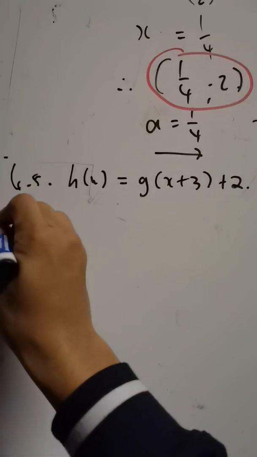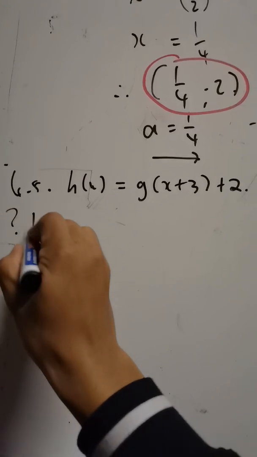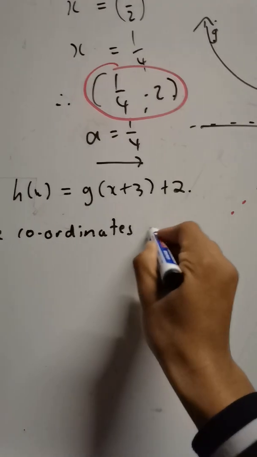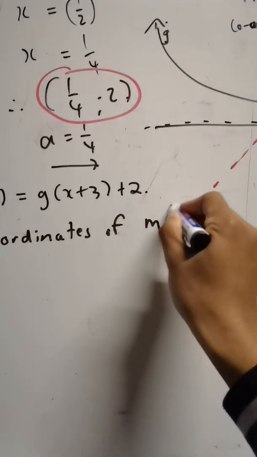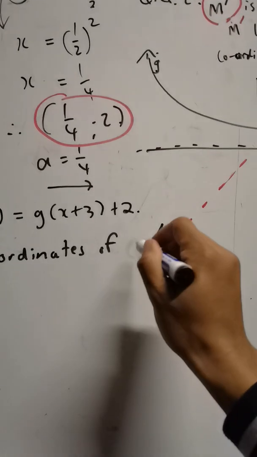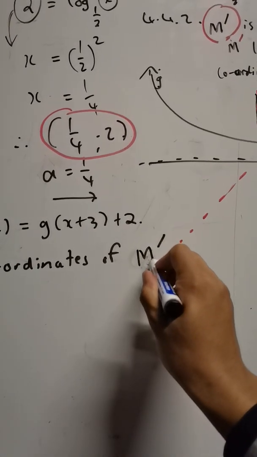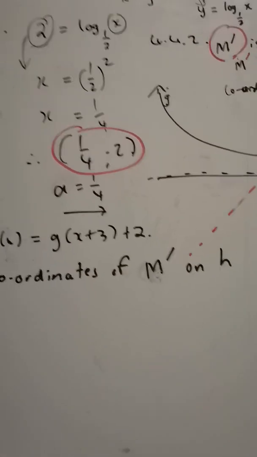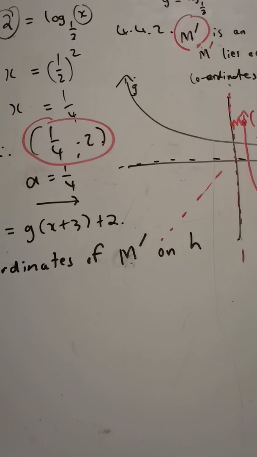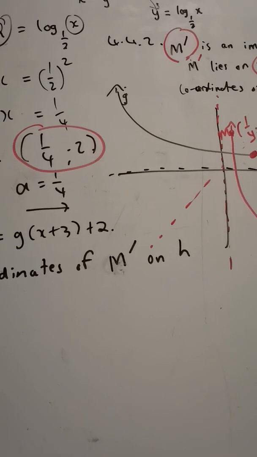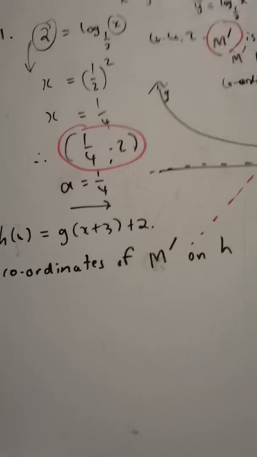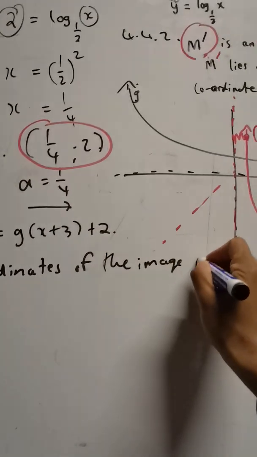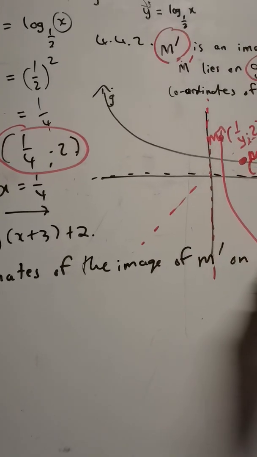So they're asking us what the coordinates of m dash on h are. Write down the coordinates of the image of m dash on h.